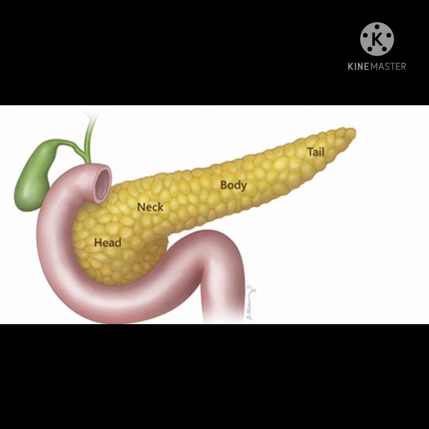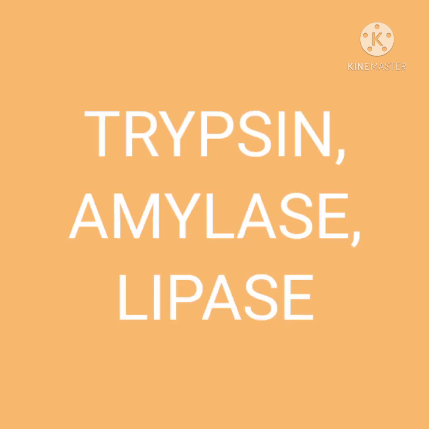Next is the pancreas. The pancreas secretes pancreatic juice. This also enters into the initial part of the small intestine. Pancreatic juice contains 3 enzymes: trypsin for protein digestion, then lipase for fat digestion, then amylase for digesting carbohydrate.